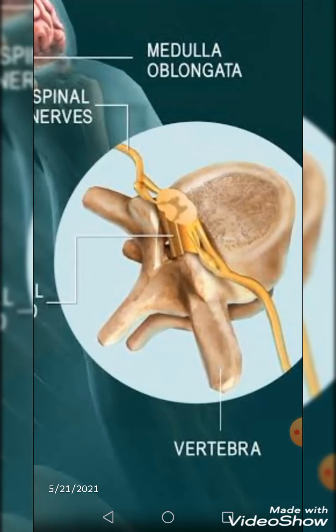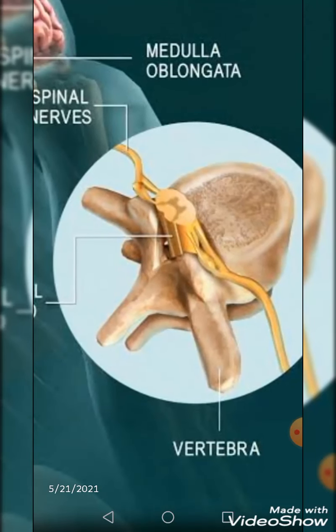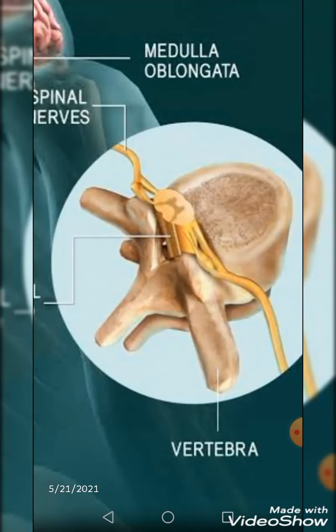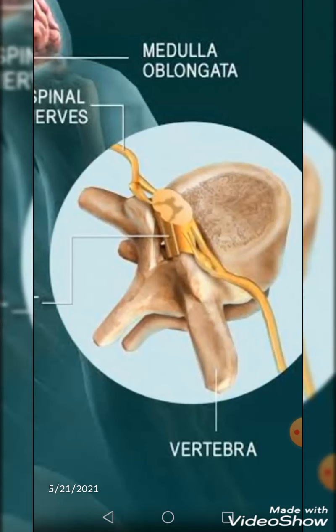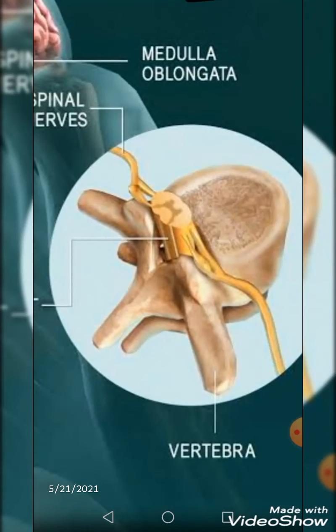You should know that when you see the transverse section of the spinal cord along with the spinal nerves on both sides forming a pair, the spinal cord and the nerve both come under the heading of spinal segment, right?